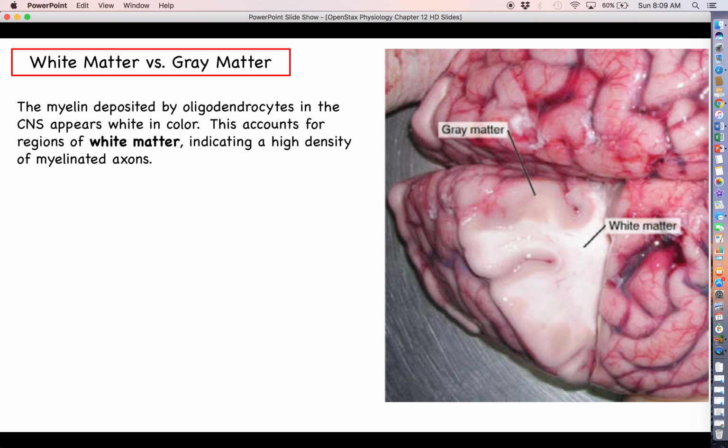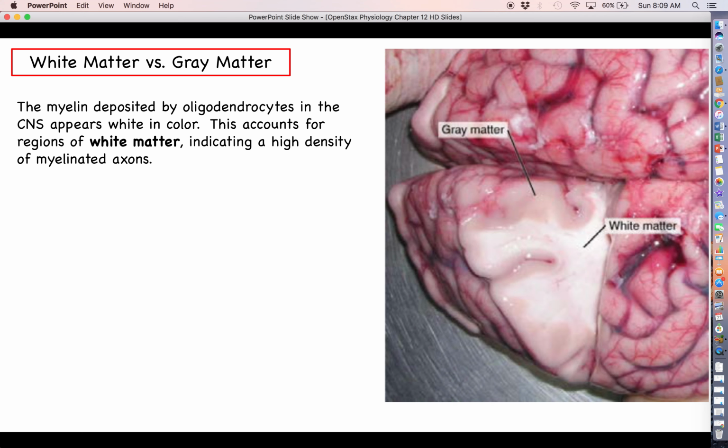So neuron axons that are myelinated by oligodendrocytes are kind of special. They secrete a special type of myelin that appears white in color.